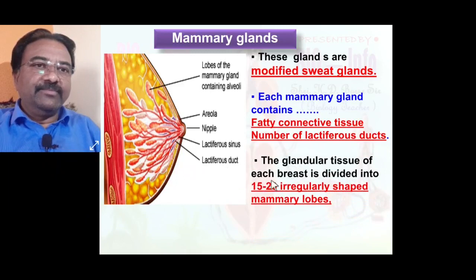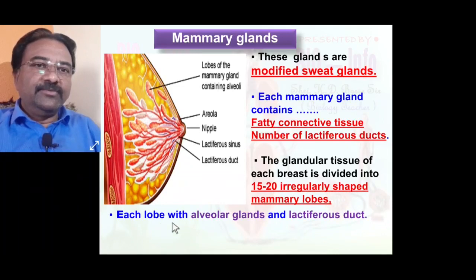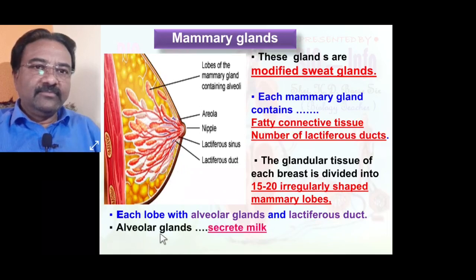The glandular tissue of each breast is divided into 15 to 20 irregularly shaped mammary lobes, each lobe with alveolar glands. This is the alveolar gland, and the lactiferous ducts. Alveolar glands secrete milk. Which gland secretes milk in the mammary gland?